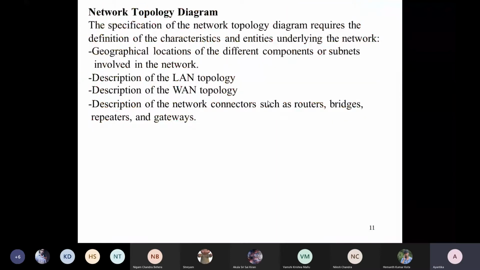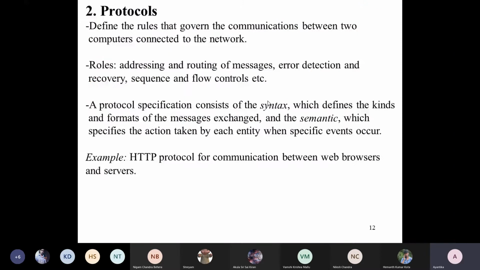Then comes the protocol. So far we have talked about how they are connected, but a protocol actually defines how the communication takes place between two computers or two devices connected in a basic network.